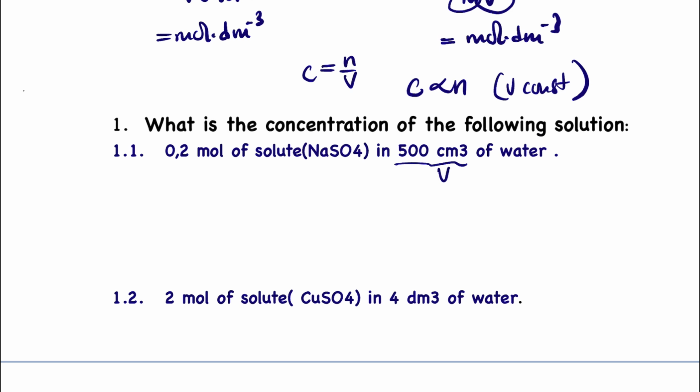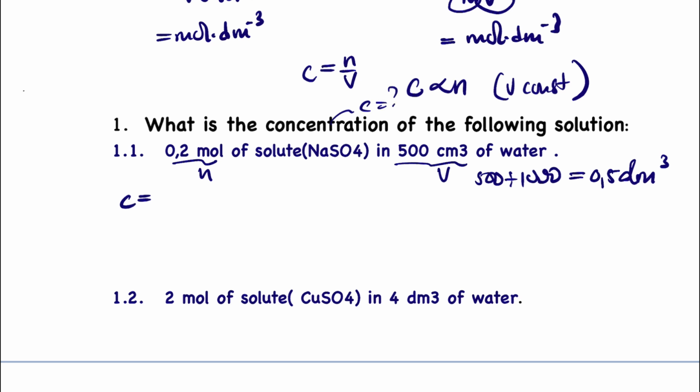This is V, but this volume has to be in dm3, the standard international unit for volume. So we take the 500 and divide it by 1000. It's going to be 0.5 dm3, right?